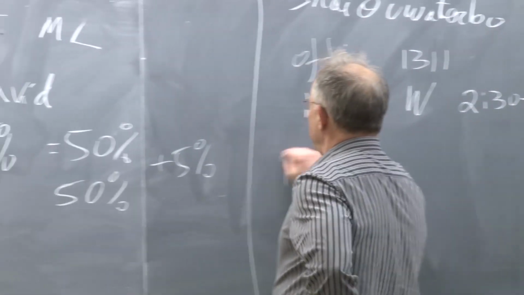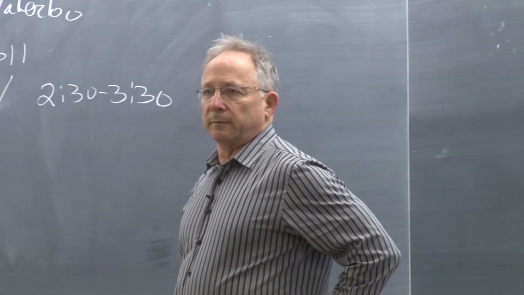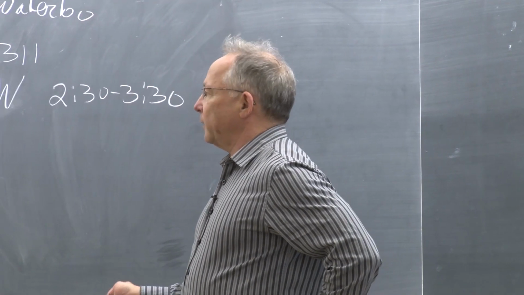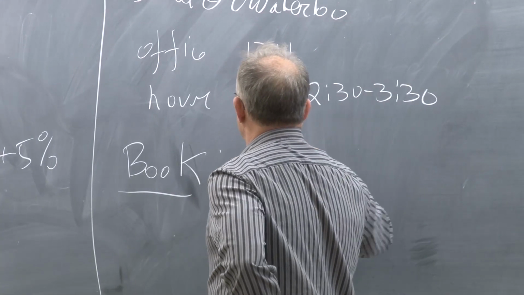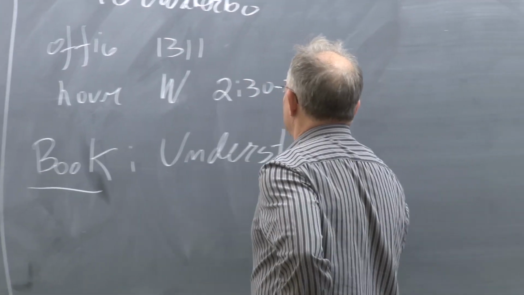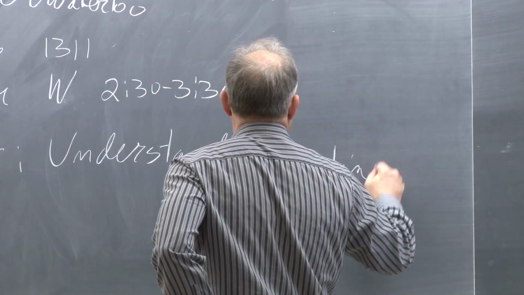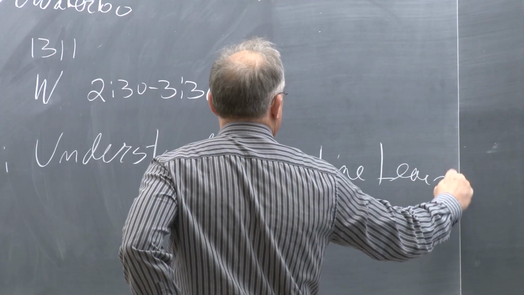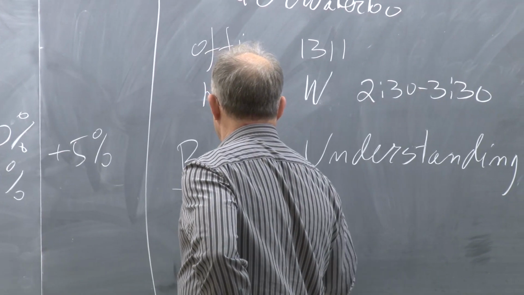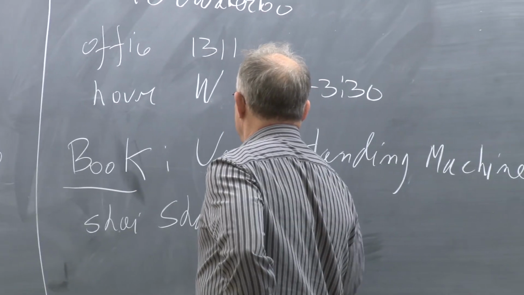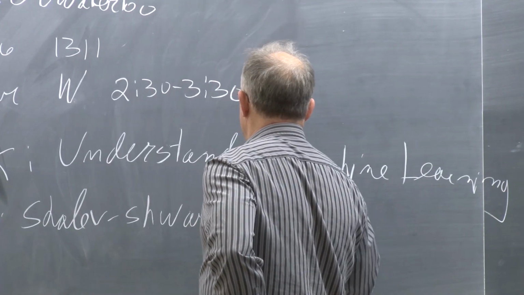For the book, we now have a textbook, and almost all of the course is covered by the textbook. The textbook is called Understanding Machine Learning, and it's by Shai Schwartz and myself.